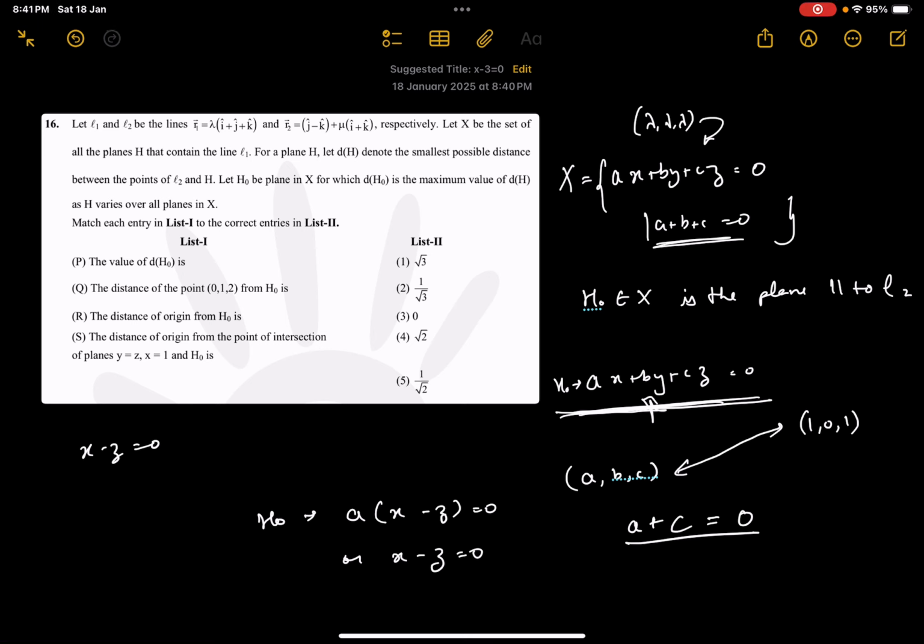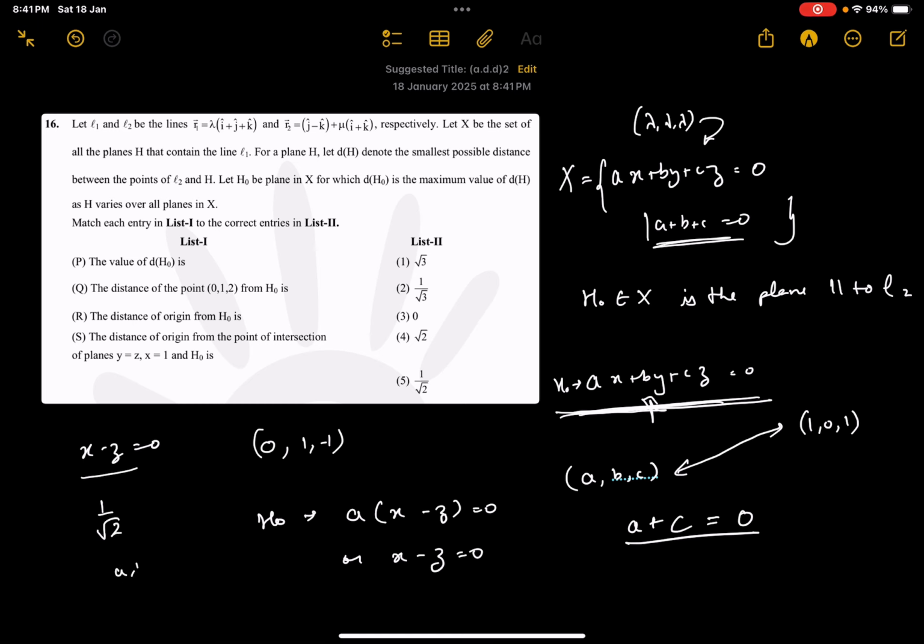to find the distance between the line and the plane, we can take any point on the line. So we'll take 0 comma 1 comma minus 1, and we'll find the distance of this from this plane. So that simply becomes 1 by root 2. Why?